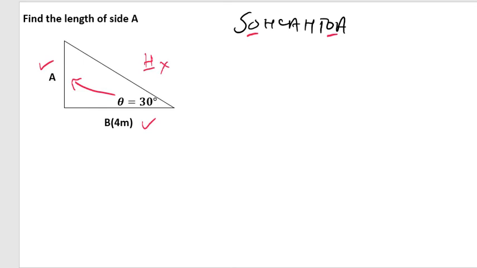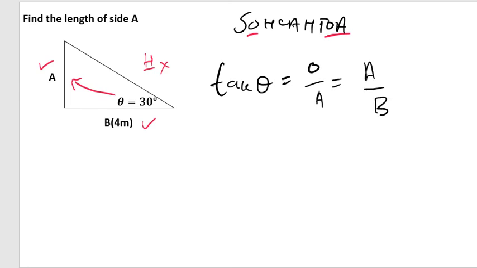We have got nothing on the hypotenuse, so you're going to use the formula that has opposite and adjacent, which is tan. So you say tan theta equals opposite over adjacent. Your opposite is A, and your adjacent is B. So make A the subject of the formula.